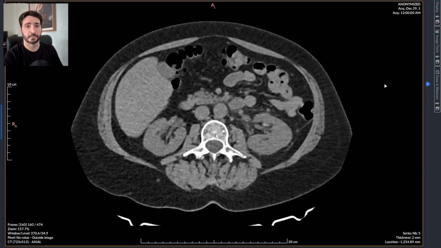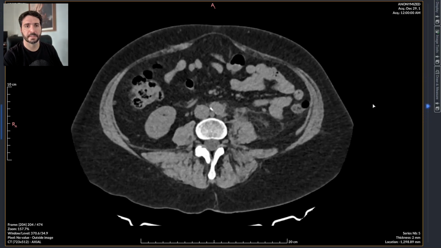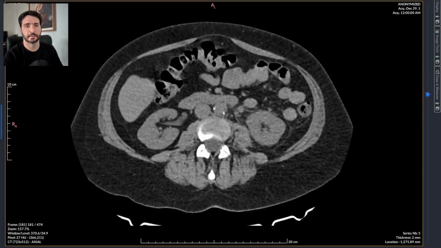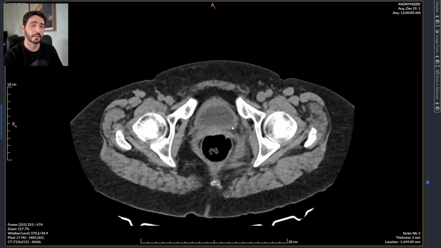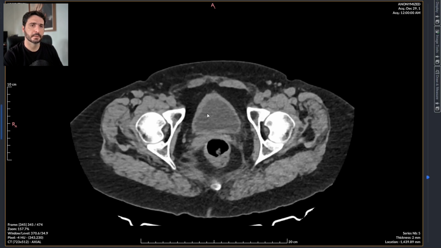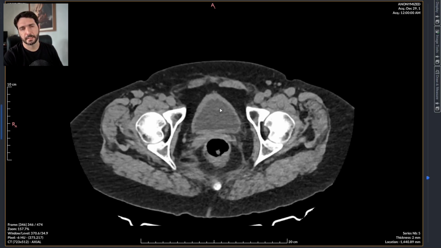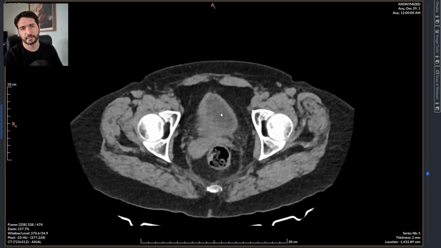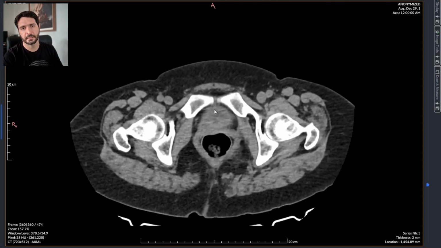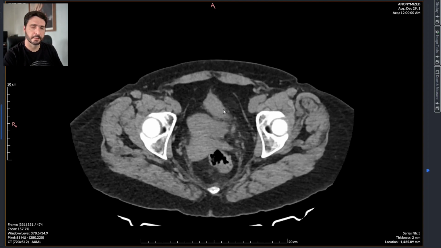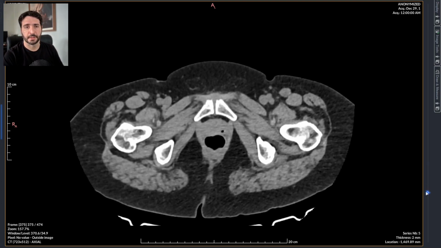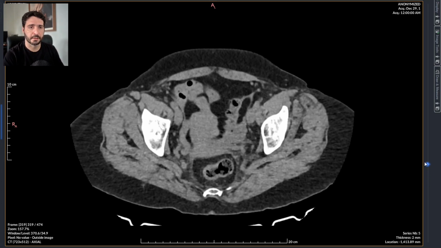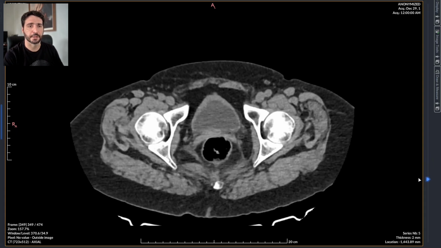I can also say that there are some atherosclerotic calcifications, and the urinary bladder seems to be a bit thickened. The walls of the bladder seem to be a bit thickened and irregular, as we might expect when the patient is complaining for 7 days of urinary tract infection symptoms.